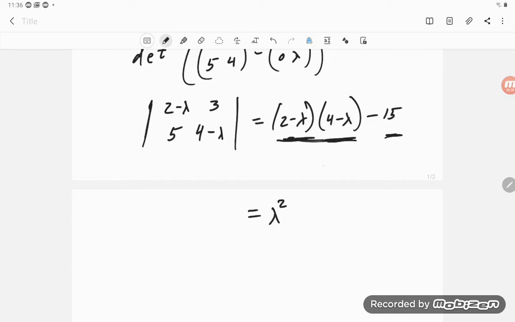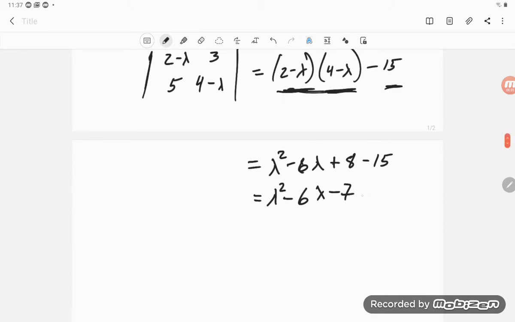I've got lambda squared minus 8. Is that right? No, minus 6. Whew. Minus 6 lambda. And then plus 8 and minus 15.